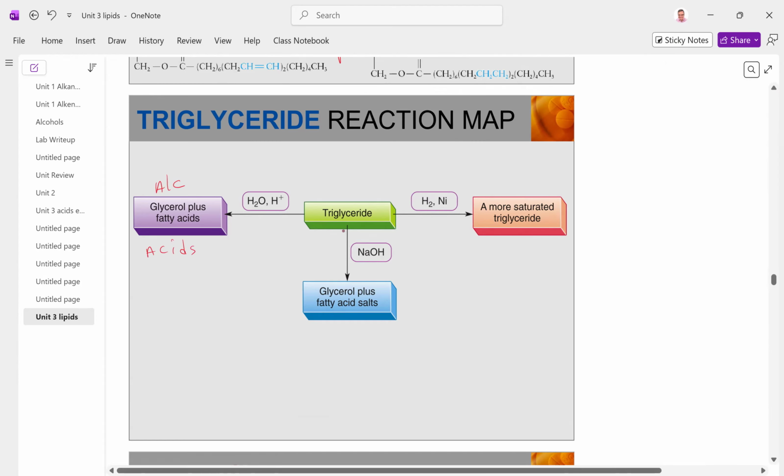In a basic environment, we end up with the acid salts plus the alcohol. In a hydrogen-rich environment with a catalyst, we end up with more, that's the key here, not 100%, but more saturated triglycerides.